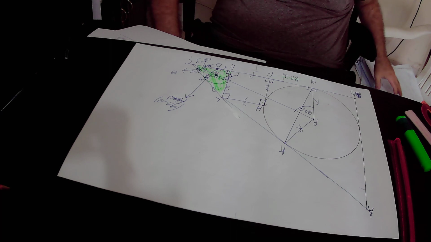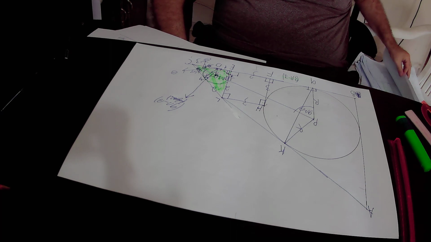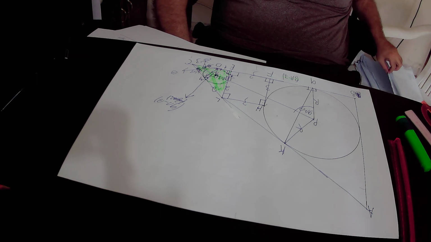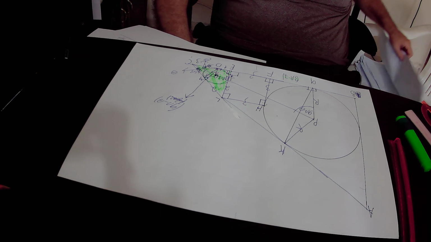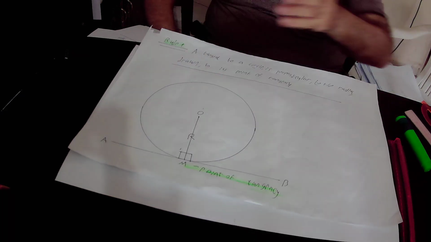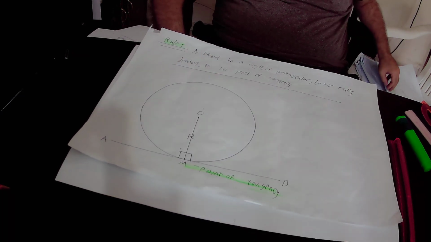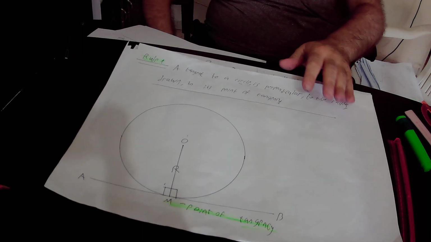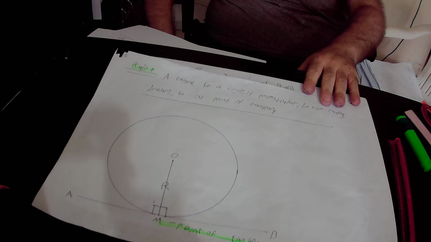So, the first rule that we used is that a tangent to a circle is perpendicular to the radius drawn to its point of tangency.